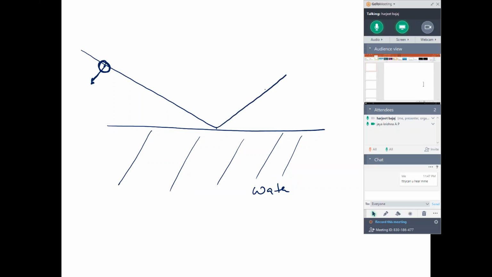If sunlight is hitting close to the Brewster angle, then this component will not have any reflections. This will just transmit forward, and what you would get in the reflection would just be your S polarization. Only electric field coming vertically would be reflected, and in transmission you'll have both S and P.